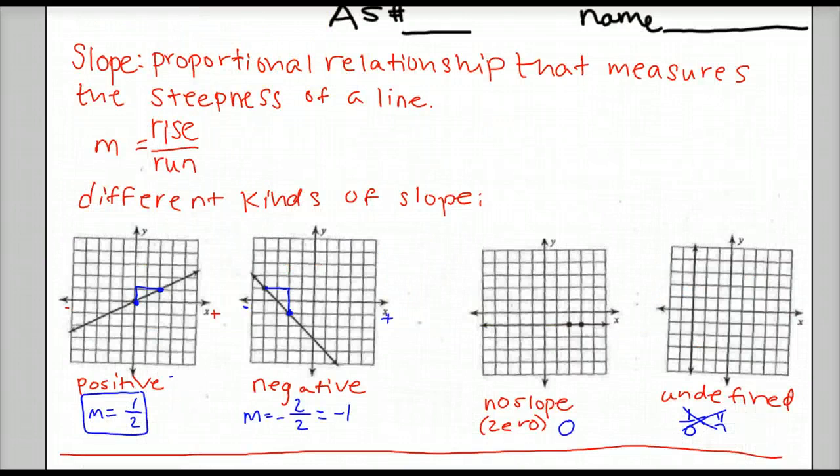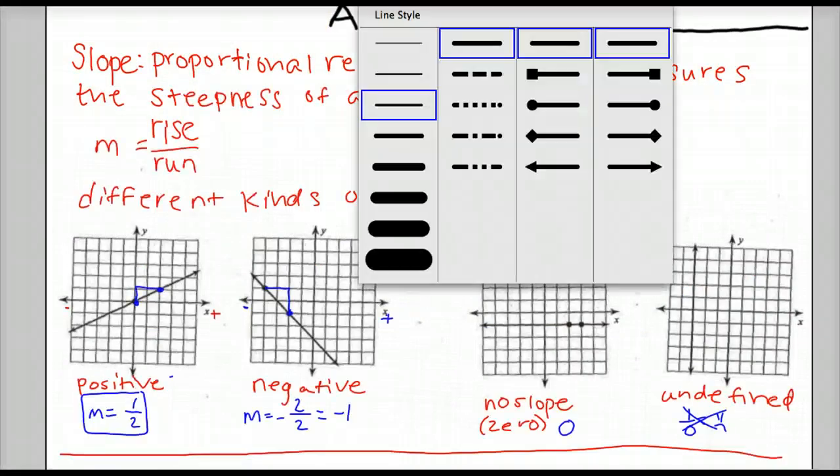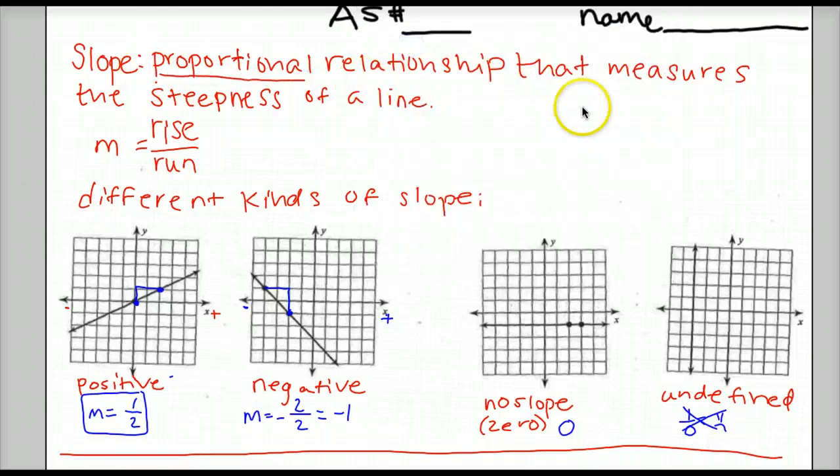Another thing I want to point out is that in our definition of slope at the top, we wrote that it is a proportional relationship. So if we look here, this says proportional relationship that measures the steepness of a line. We might be thinking, what the heck is proportional? What proportional means is this is the same for each step of this graph. Now watch, we use this one here.